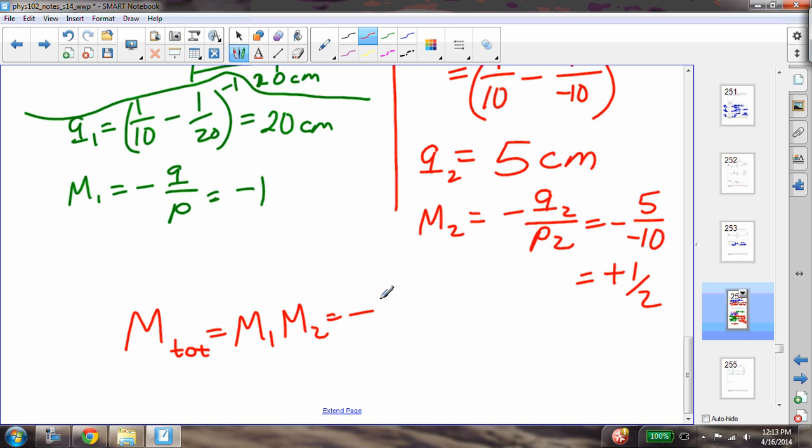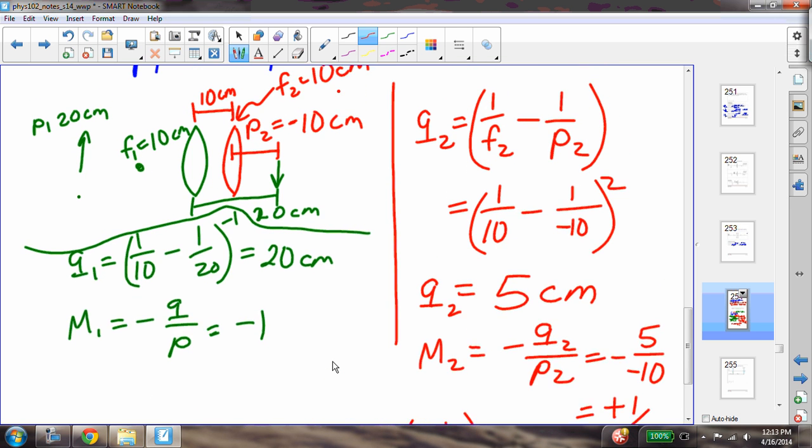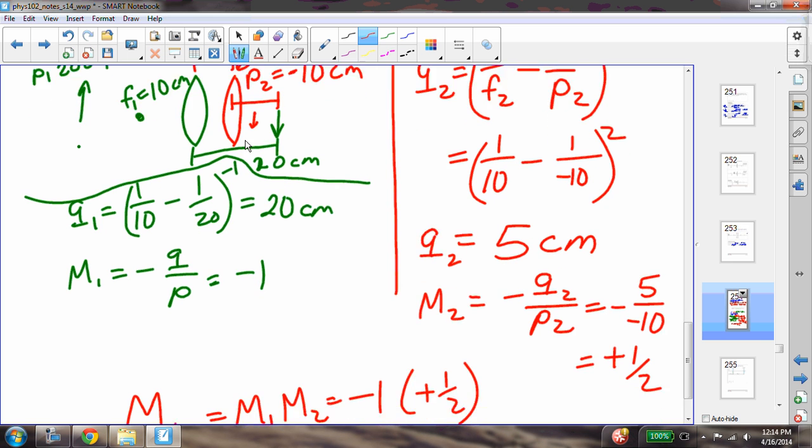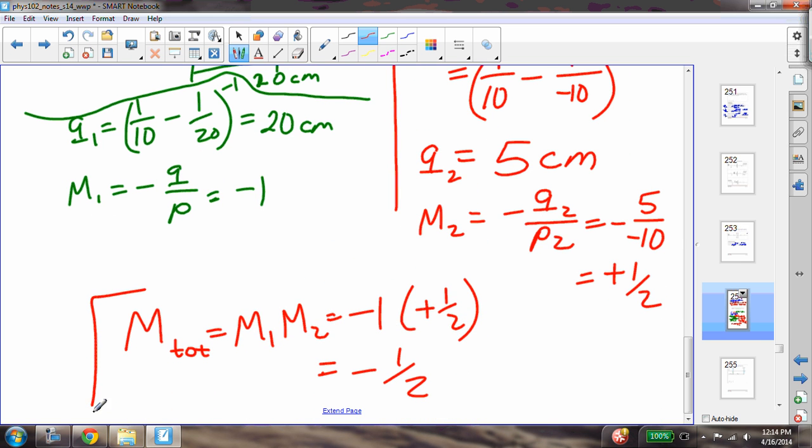It's going to be negative 1 times positive 1/2, or negative 1/2. Means if I were to draw my final image over here, my final image would be here, and it would be 1/2 the size of the original object, and inverted, because I find my magnification is equal to negative 1/2.